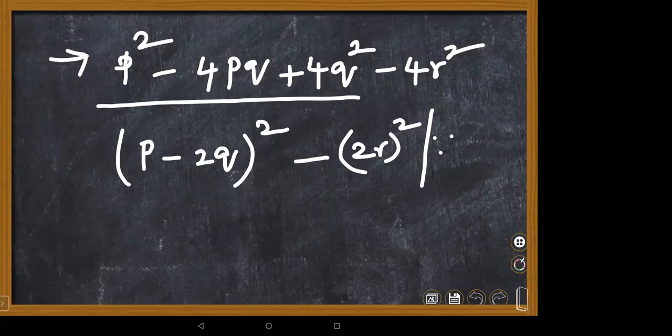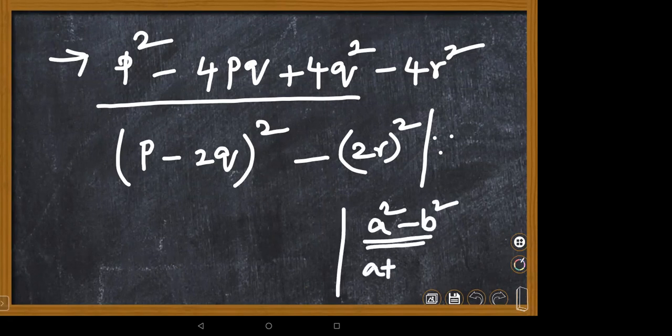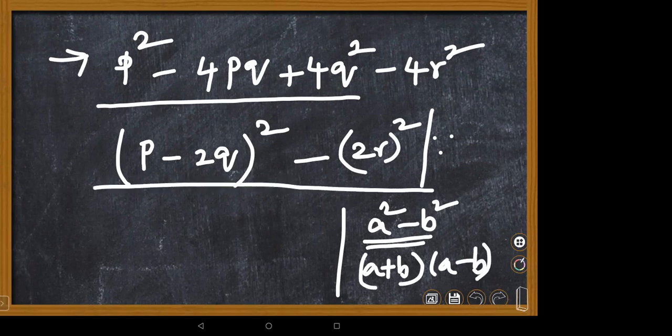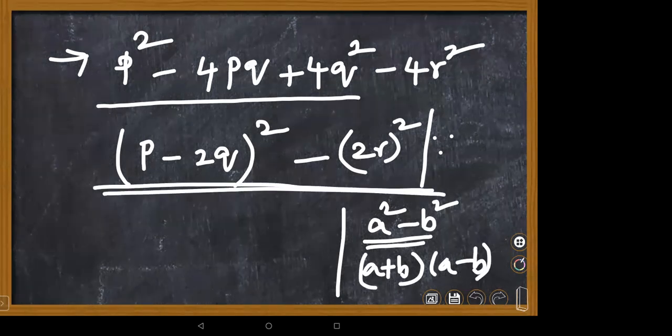You can write it as a minus b; the a square minus b square identity you can use. So here what we can write, children, is a plus b into a minus b. Please apply the same technique here too. Don't think about only two terms; even though three terms happen, no need to be scared.